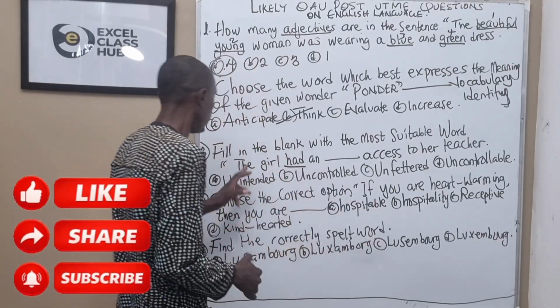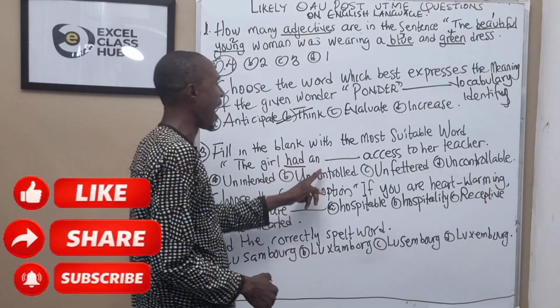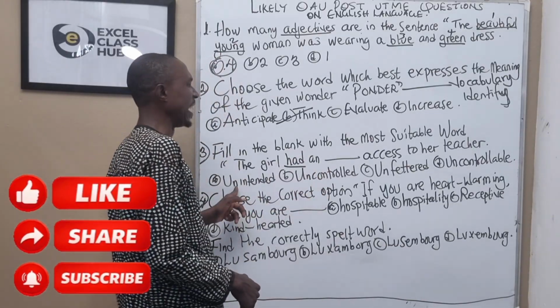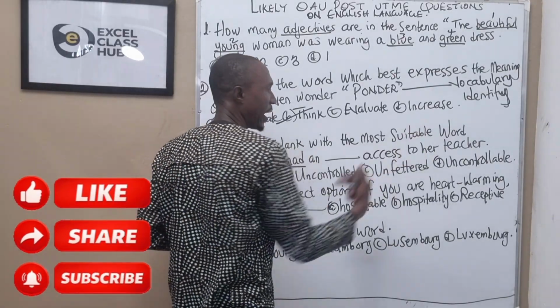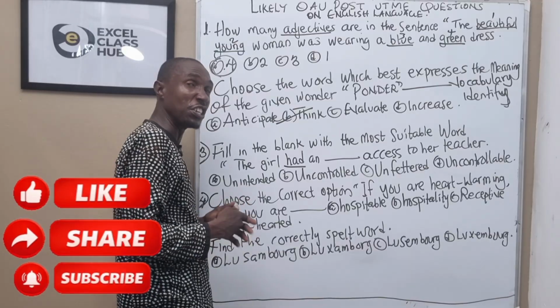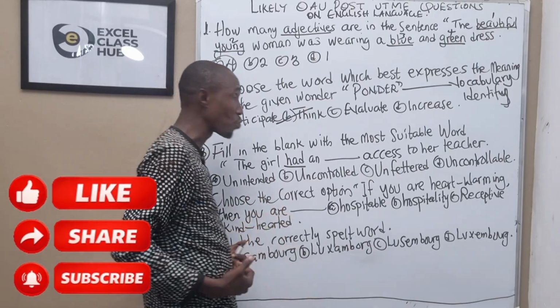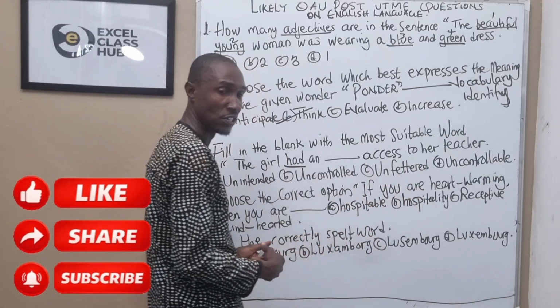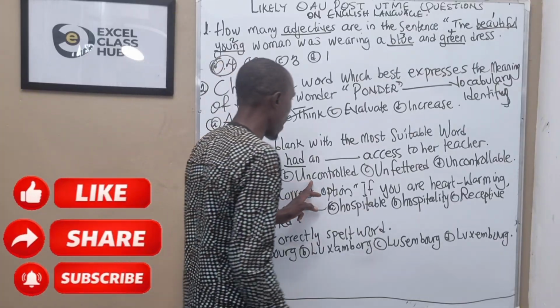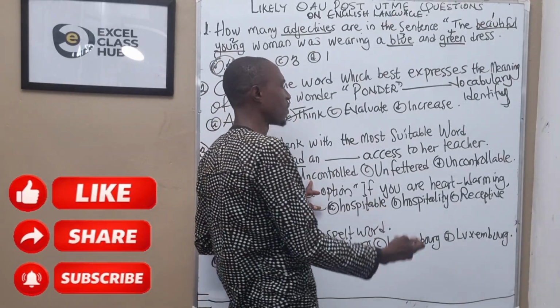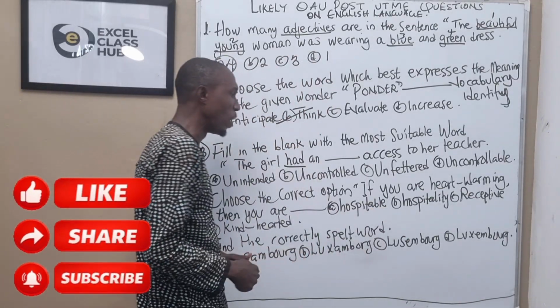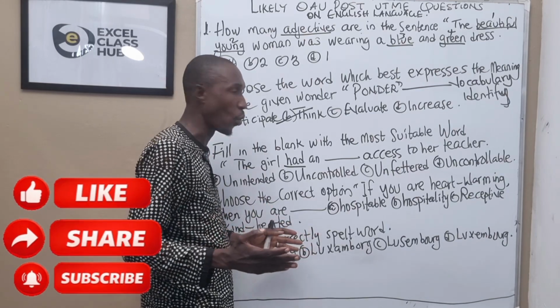So we have the girl had the first one, unintended access to a teacher, which means she does not have an ability to quickly get close to a teacher. Number two, we have an uncontrolled access to a teacher, which means what? She's free to a teacher.